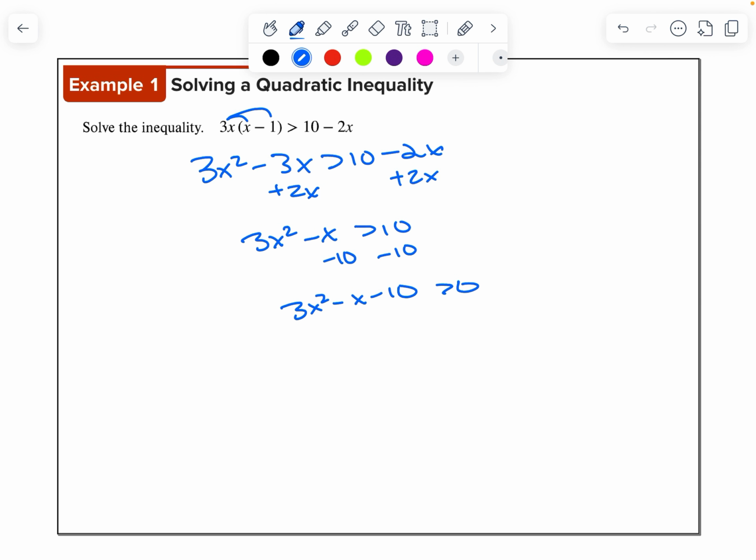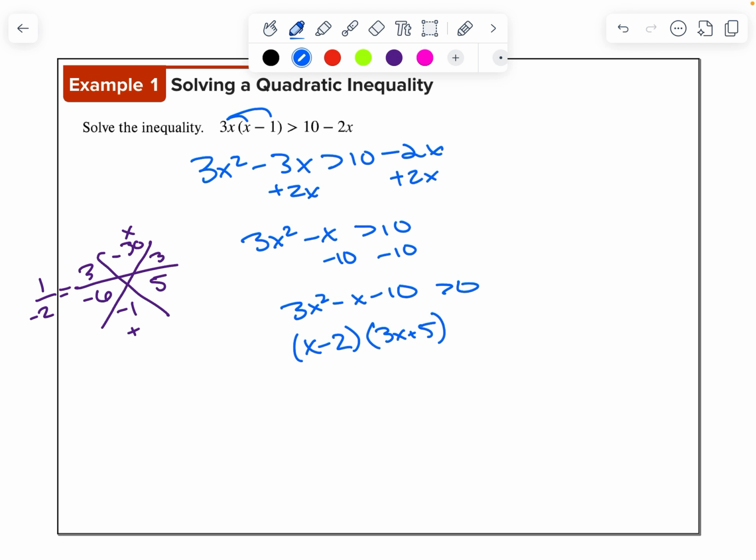Then I can try and solve this as if it were an equation. The way that I would solve it if it was an equation is I would use the star method. 3 times -10 is -30, -1 on the bottom, 3 and 3. Let's see, -6 and +5 seem to work here to multiply to -30 and add to -1. This is the same as 1 over -2. So then my two factors here are x minus 2 and 3x plus 5.